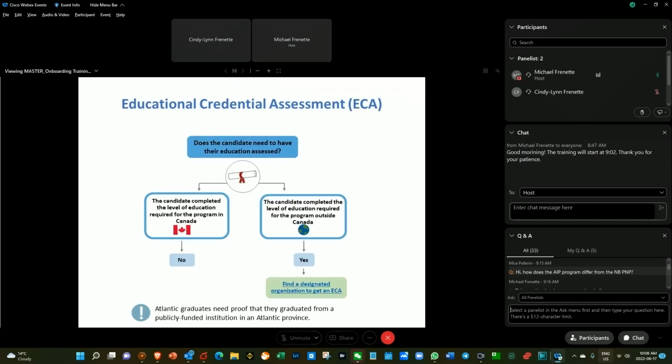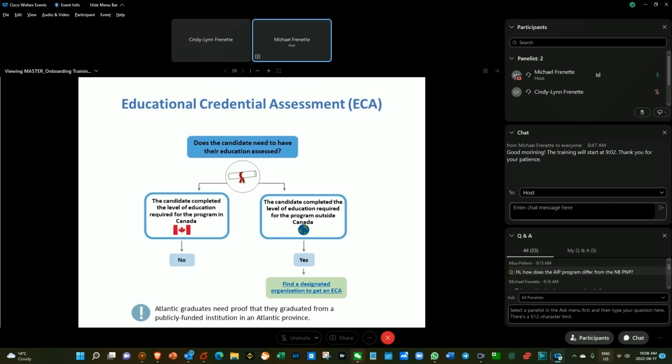Now, moving on to the educational credential assessment. If the candidate completed the level of education required for the program in Canada, they will need to submit proof of their Canadian education credential with their application, so the diploma or certificate. If their diploma, certificate, or degree was not completed in Canada, they will need to obtain an educational credential assessment, commonly referred to as an ECA.